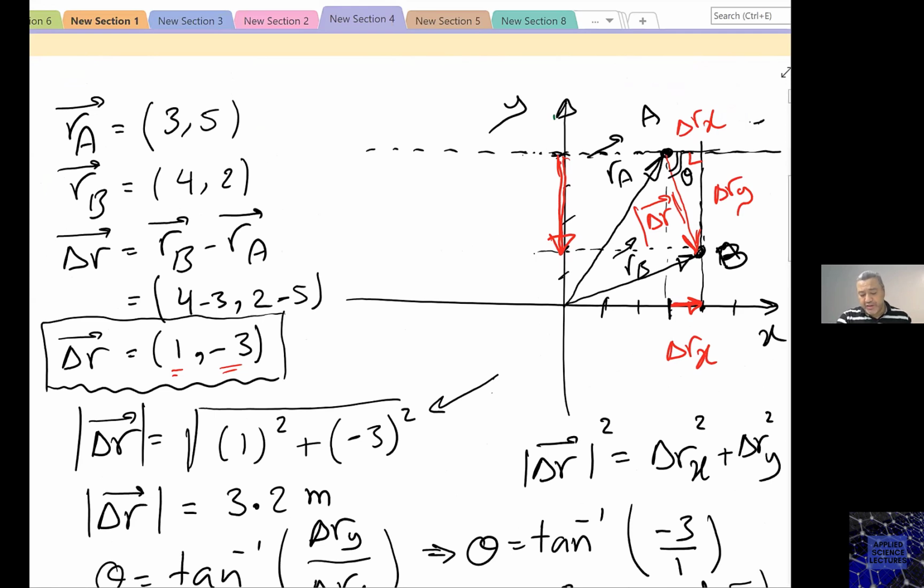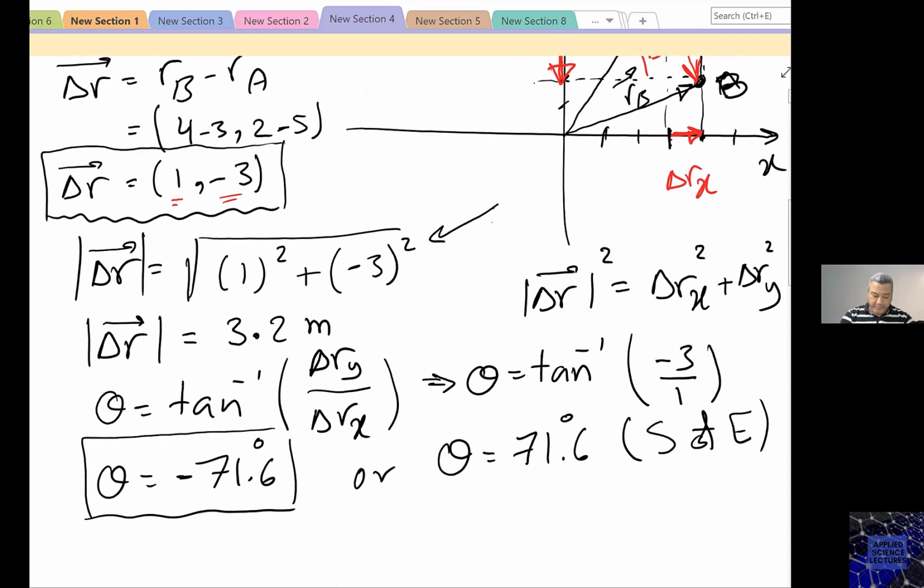If this one is the east, then this vector delta r is pointing 71.6 degrees south from the east. Is that clear? Yeah, that makes sense. Okay.